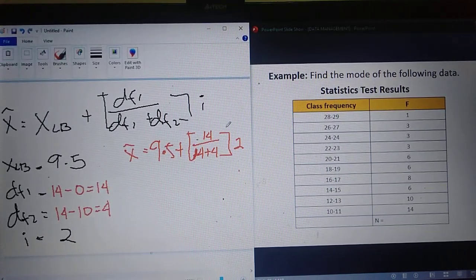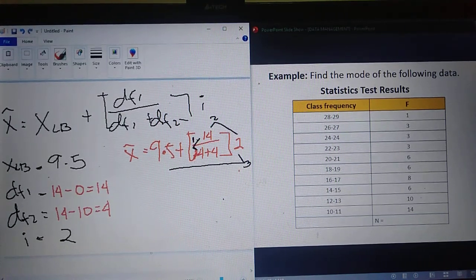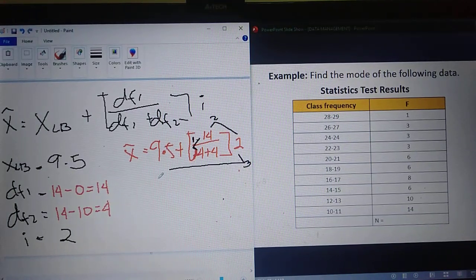We can get 1.56. 1.56 plus 9.5, we can get an answer of 11.06.